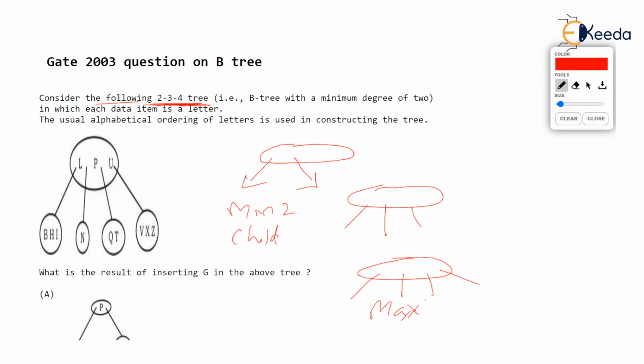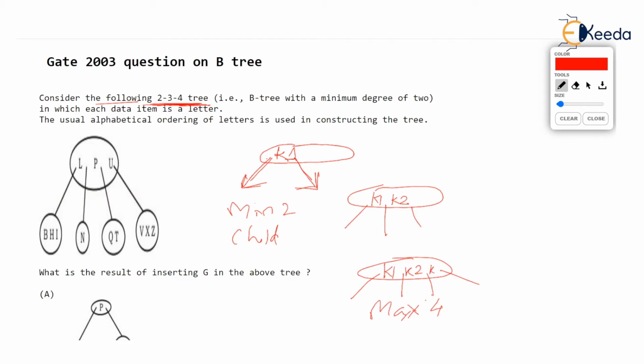Now you tell me, if a minimum of two child nodes, 2 pointers are possible, then one key only can be stored. No question of storing other keys. And if we use 3 pointers, then 2 keys must be stored. And if all 4 pointers are utilized, then we must store 3 keys.